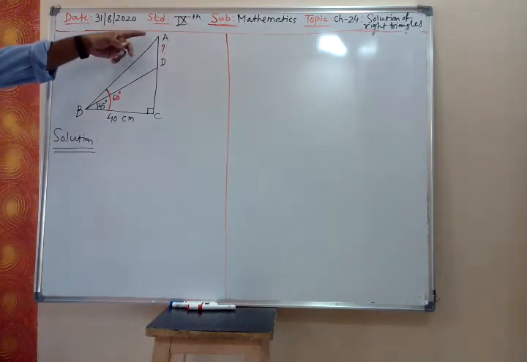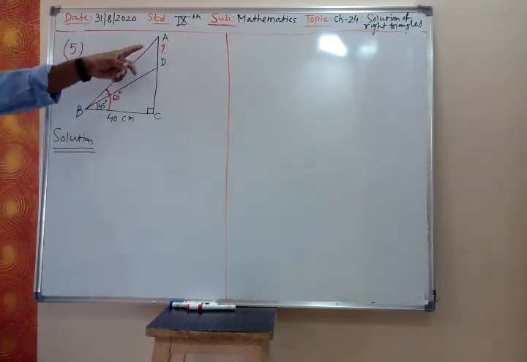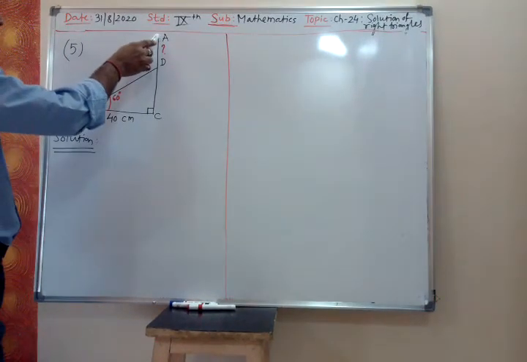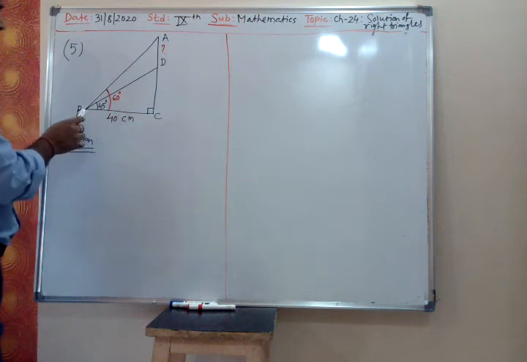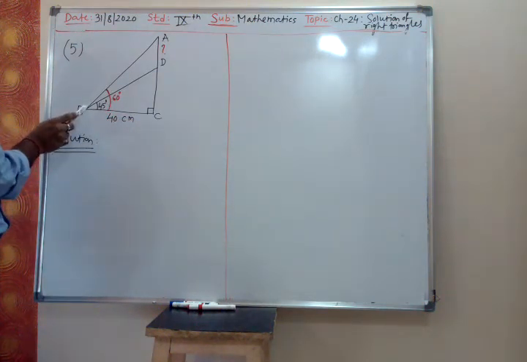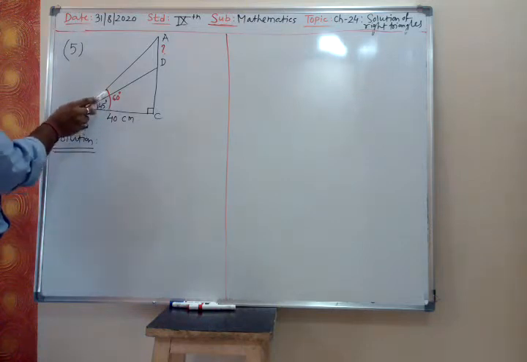Wait. We are given triangle ABC and triangle ABD. First you have to identify how many right angle triangles are given, and in that right angle triangle what is my reference angle. There are two right angle triangles. One is bigger, ACB, C is 90 degrees, and my reference angle B is given 60 degrees.